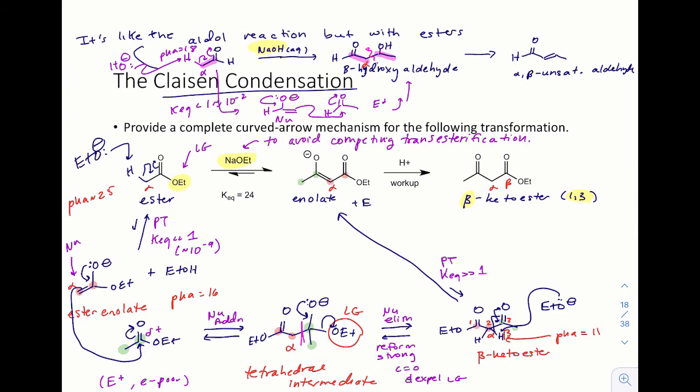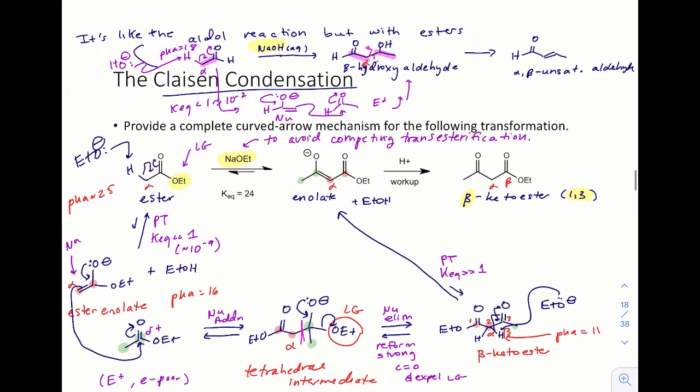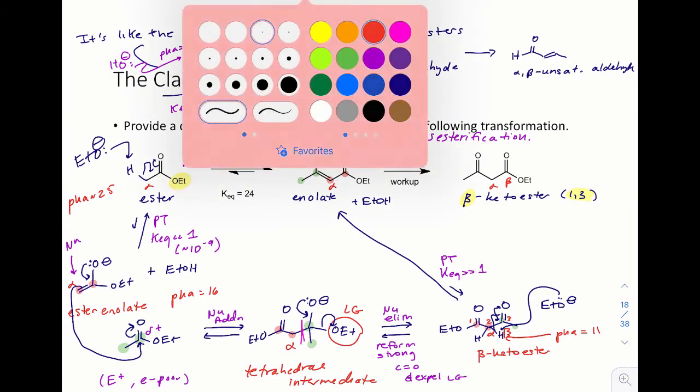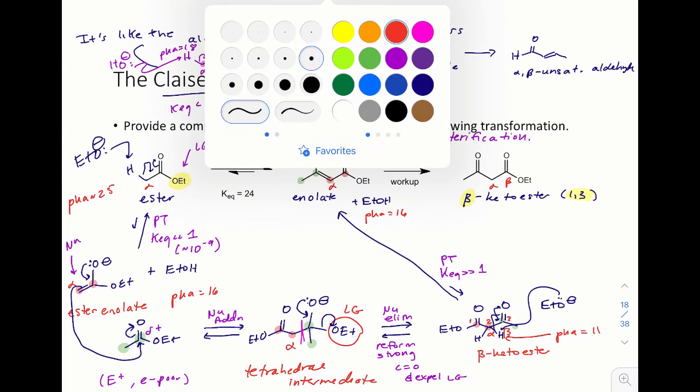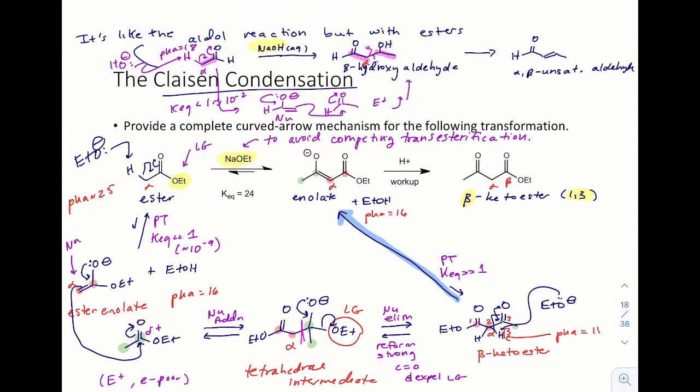So it generates the enolate and a molecule of ethanol. This step has such a large equilibrium constant because ethanol has a pKa of 16 and the beta-ketoester has a pKa of 11. So the beta-ketoester is 5 orders of magnitude, 5 powers of 10, more acidic than ethanol. So actually this last step to generate this very stable enolate is the driving force for this reaction.